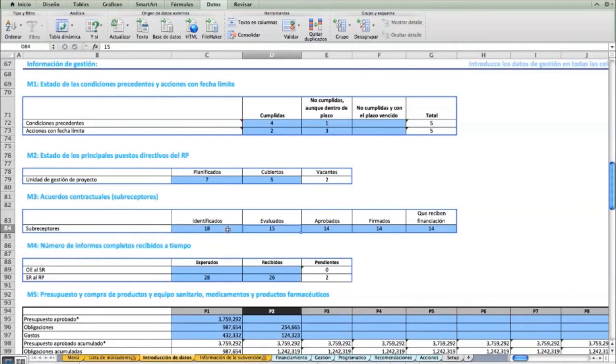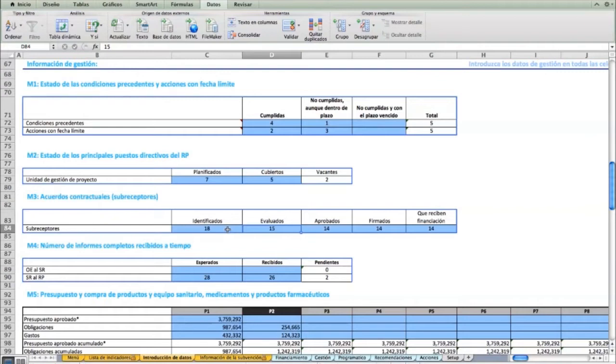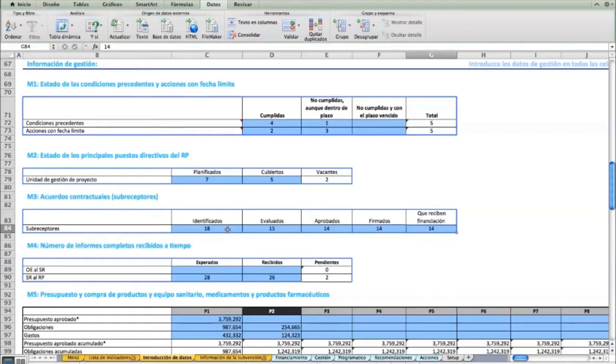There is also a cell for the number of sub-recipients that have been evaluated to see if they meet the conditions to be implementers for the project. From potential implementers evaluated, how many were approved by the principal recipient or the country's coordinating mechanism? How many of these implementers have signed their contracts? And how many are receiving money from the principal recipients?